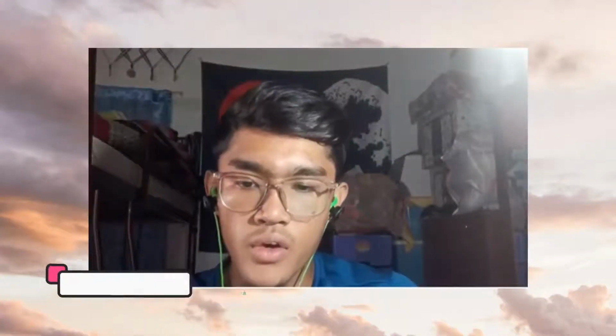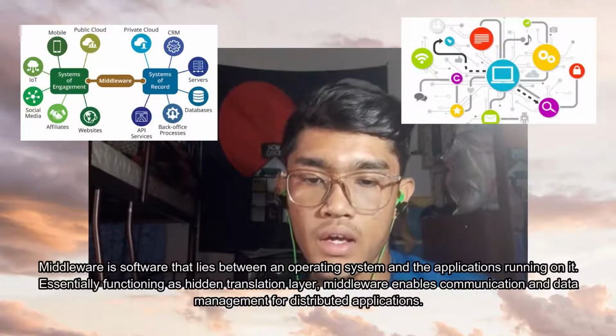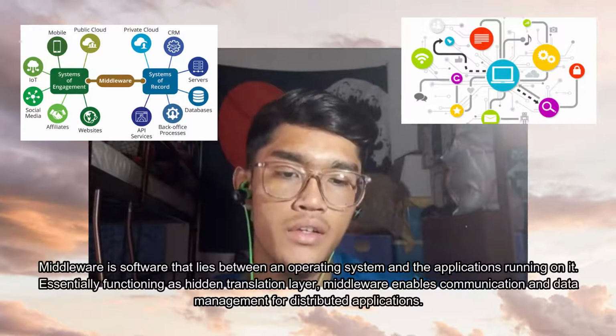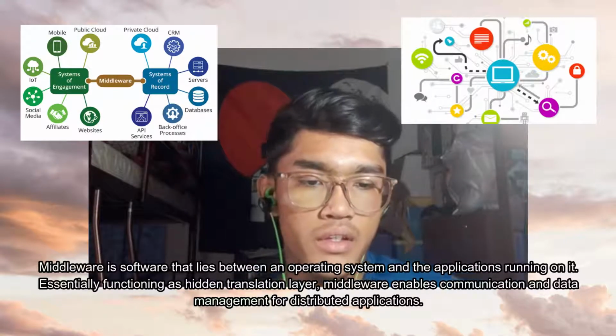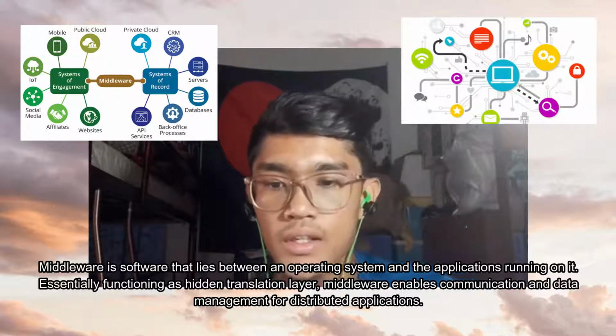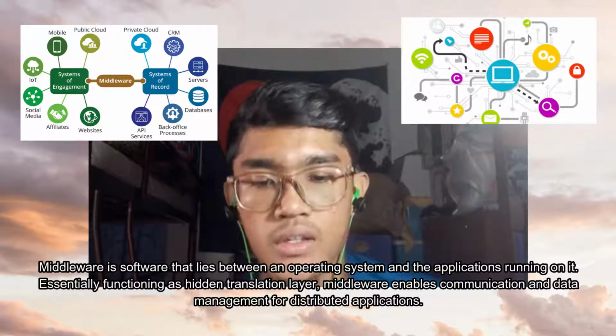Middleware is software that lies between an operating system and the applications running on it, essentially functioning as a hidden translation layer. Middleware enables communication and data management for distributed applications.